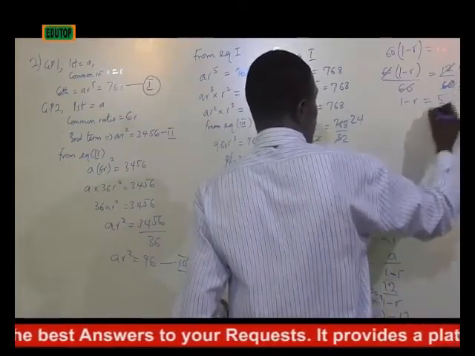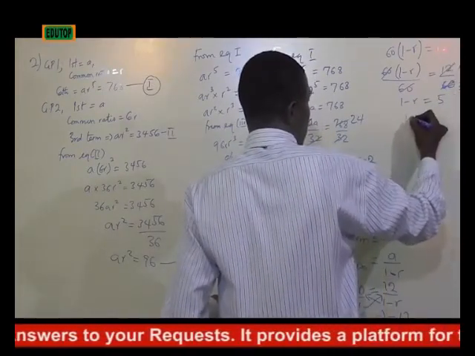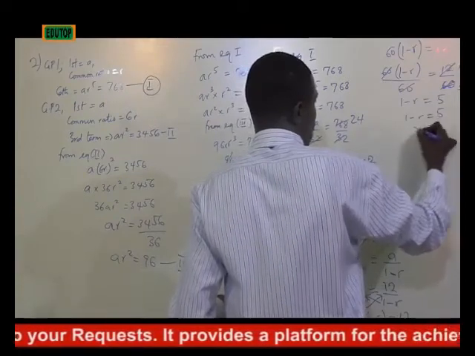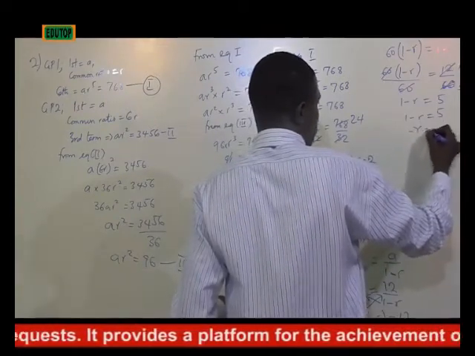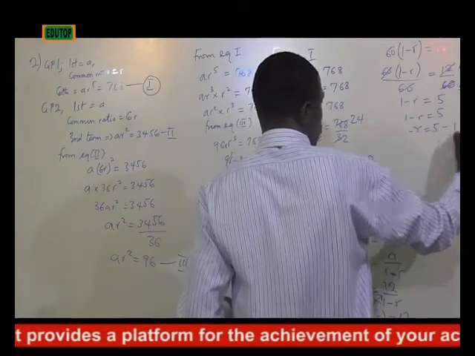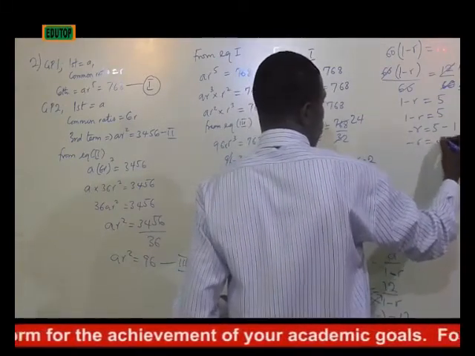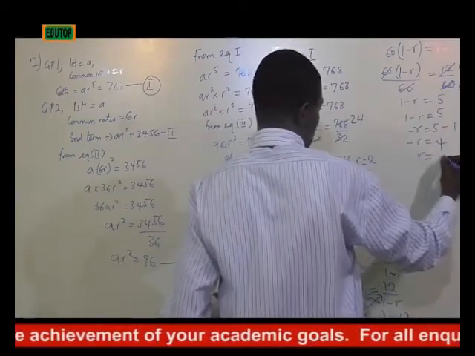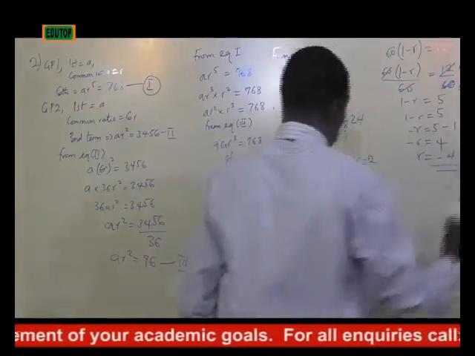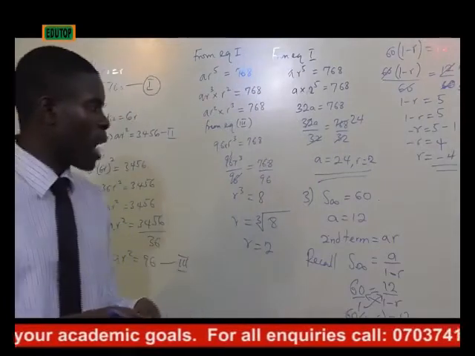So 1 minus R now gives 1 over 5. Then minus R will be 1 over 5 minus 1. So our R will now be minus 4 over 5. So our R is minus 4.